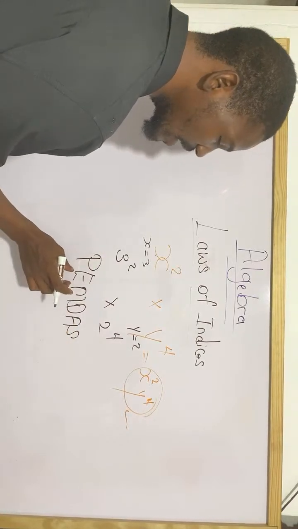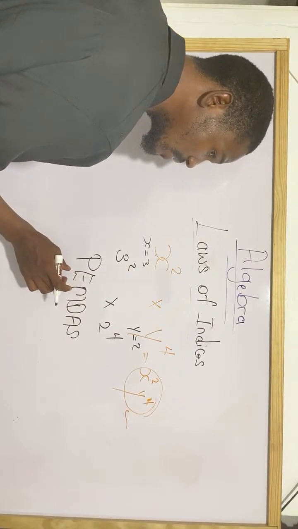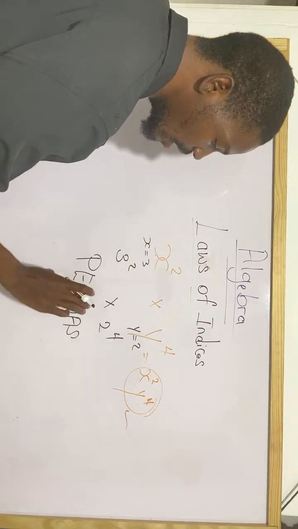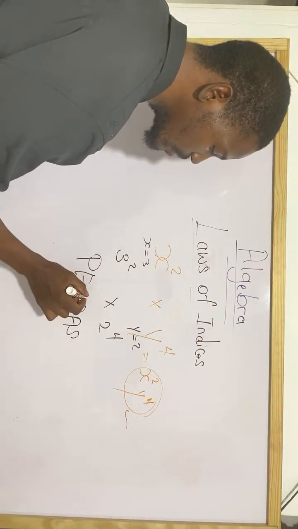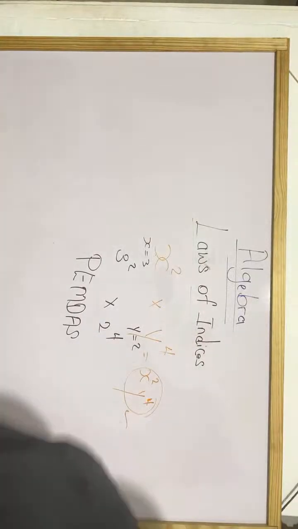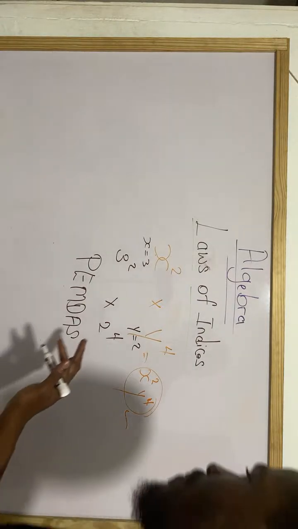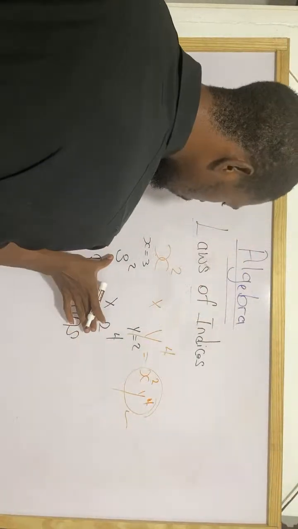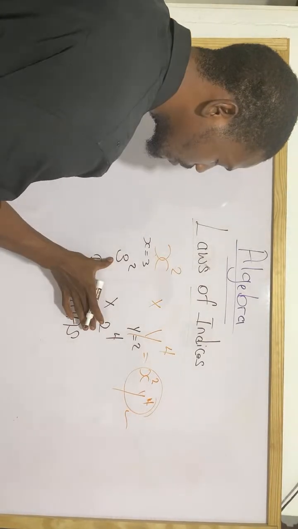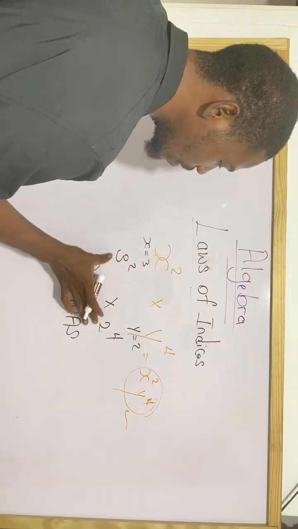In the word PEMDAS, exponents are calculated before we do any form of multiplication. So we cannot do any form of calculation as it relates to these two when multiplication is being done. Here we have a 3 and the 2 right here. When you're multiplying them, we can't do anything.